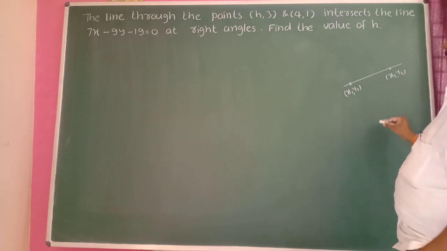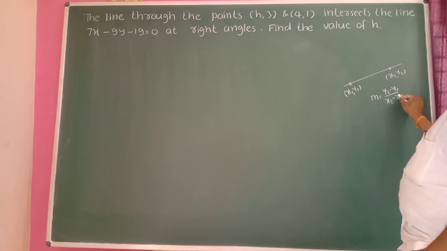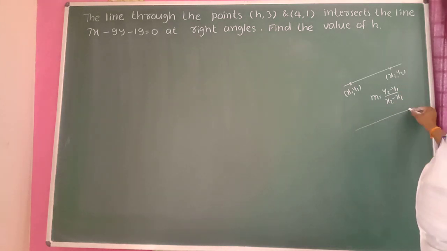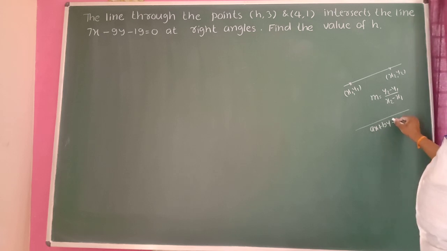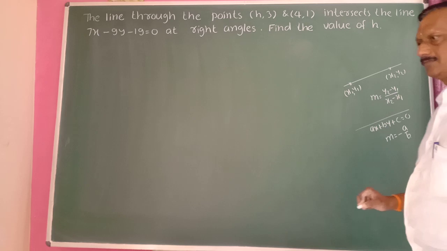Then the slope of the line is given by the formula (y2 minus y1) divided by (x2 minus x1). And if you know the equation of the line, ax plus by plus c equal to 0, then the slope of the line is given by minus a divided by b.